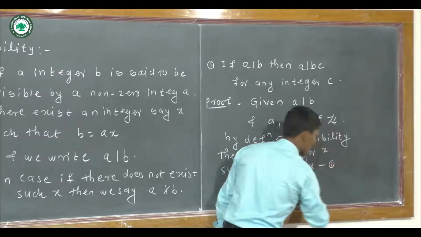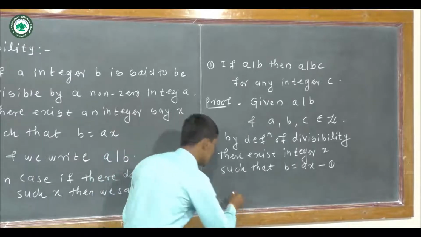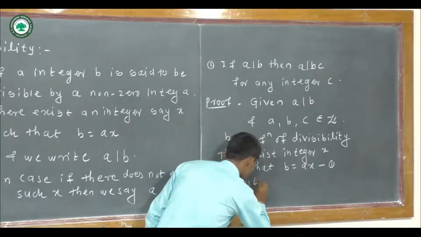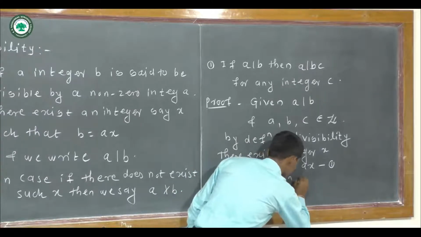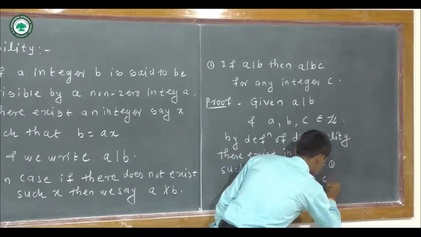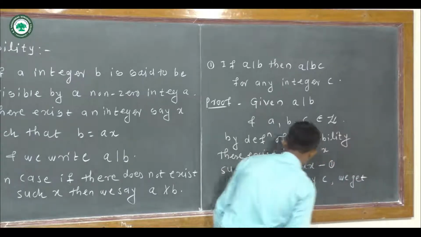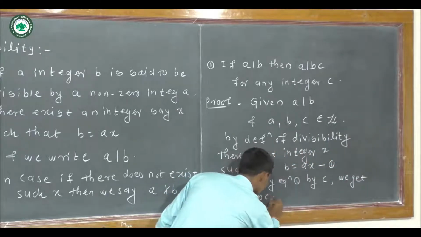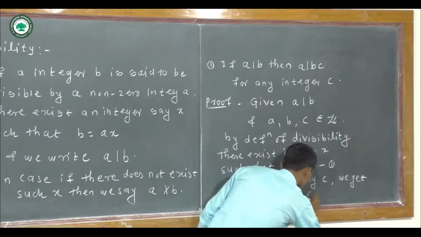Say equation number first. Now multiply equation 1 by c, we get b into c is equal to a into x into c.